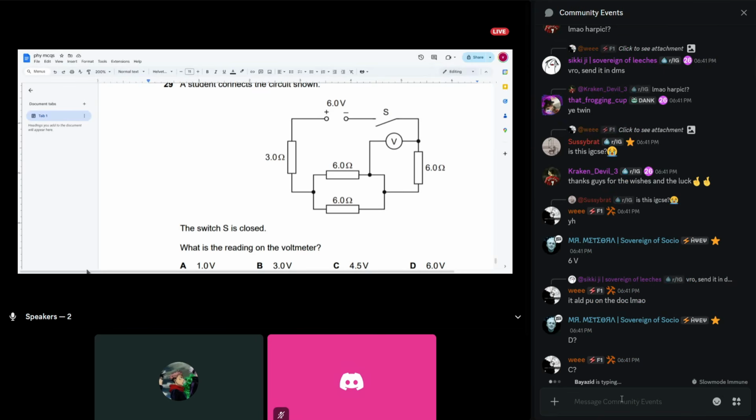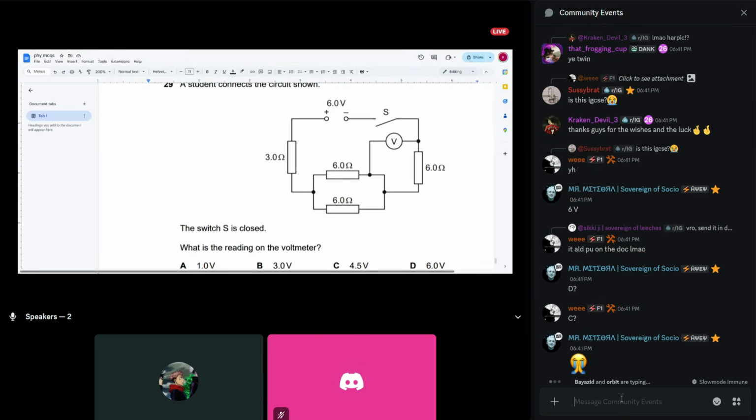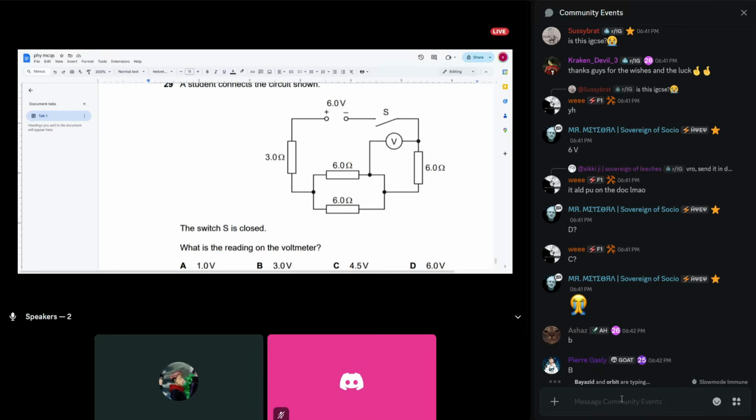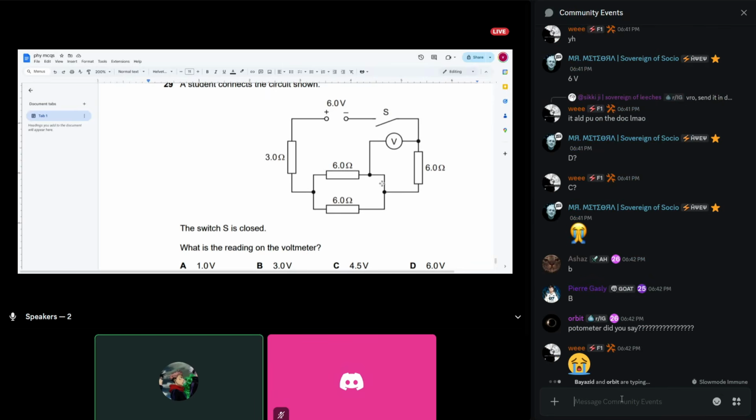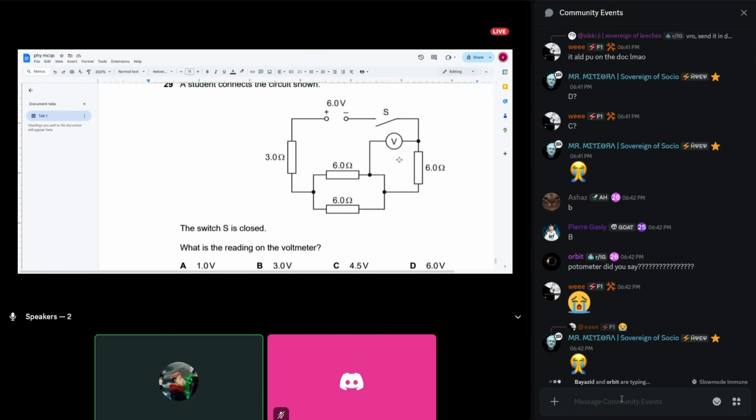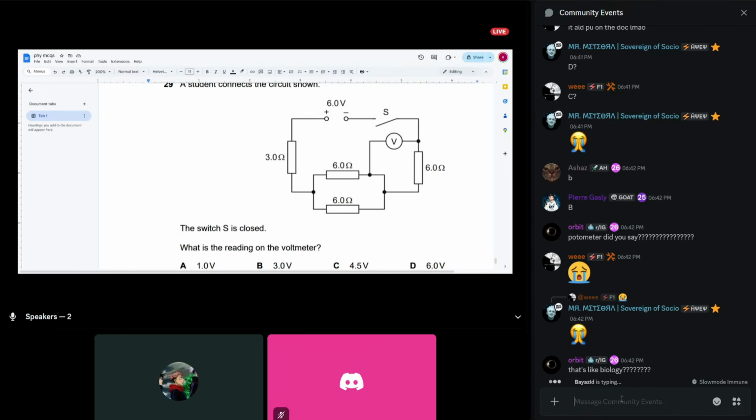Look, guys, the answer is 3 volts. 3 plus 3 is 6, and then 6 volts. So we distribute it in 3, 3, and 6. This one gets the biggest share, which is 3 volts. We use the potential difference formula. Nobody said potentiometer, I said voltmeter. Okay.